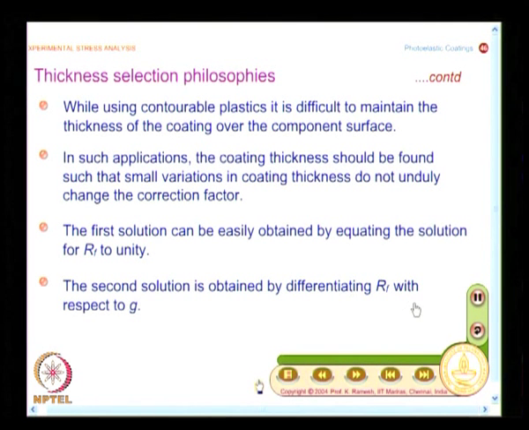Whatever expression you have for the correction factor needs to be differentiated with respect to G, to ensure that the correction factor is not changing drastically for small changes in thickness, because it is very difficult to maintain thickness for large structures; there could be small variations.